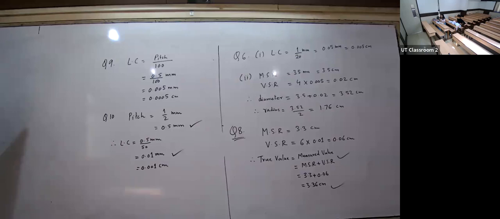In 2 rotations, it travels 1 millimeter. But what is pitch? 1/2 millimeter. Pitch is the distance traveled by the screw in 1 rotation. So it is how much? 0.5 millimeter.